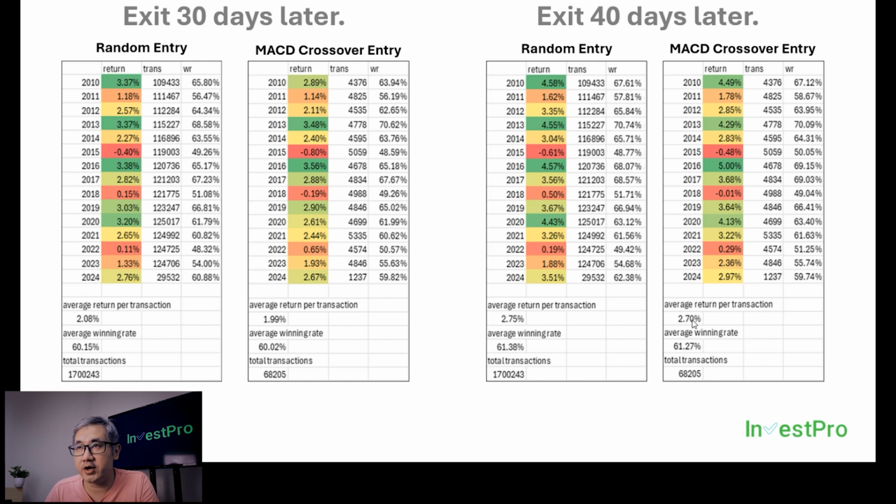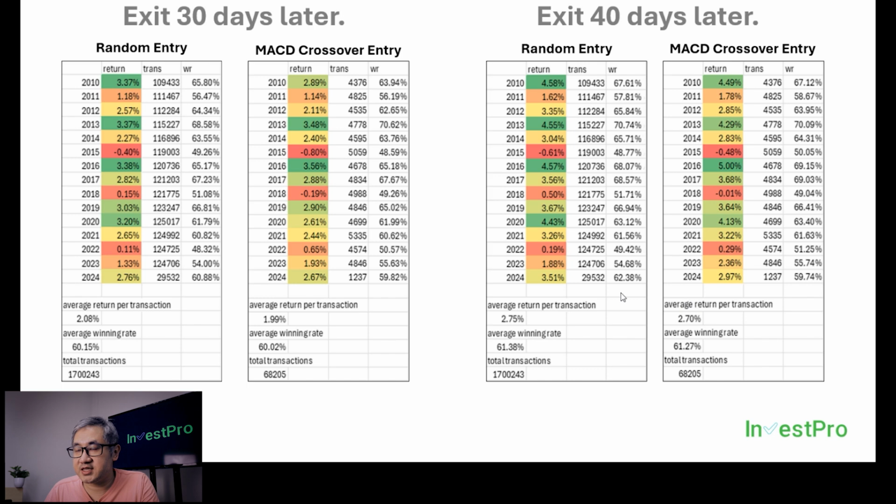But when you exit with longer days, it tends to give you better performance. In general, when you make a random exit or MACD crossover exit, the performance is just about the same. So the MACD crossover exit does not give traders much advantage to exit their positions.